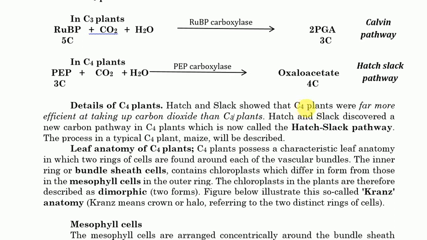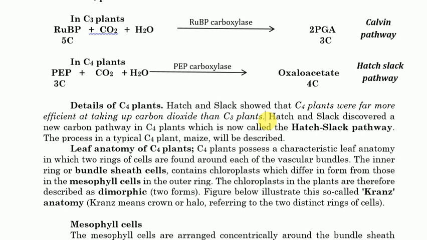C4 plants were far more efficient at taking up carbon, as we shall see later. So Hatch and Slack discovered a new carbon pathway in C4 plants, which is now called the Hatch-Slack pathway. In the process of investigation, they asked themselves, why are they more efficient?